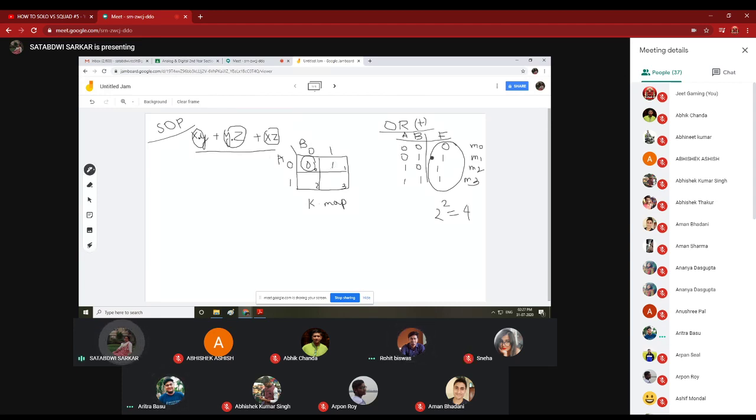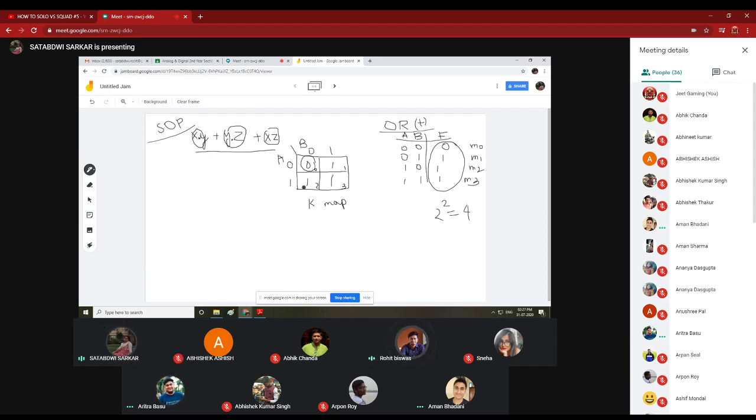Now for this cell, value of A is 1 and value of B is 0. So this cell, that means M2, we have to put here 1. Again for 1, 1, that is A has value 1 and B has value 1, then M3 is also 1.